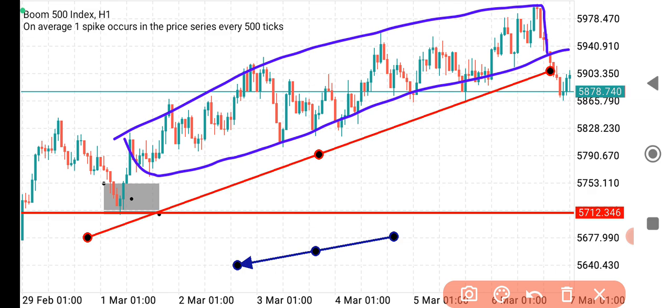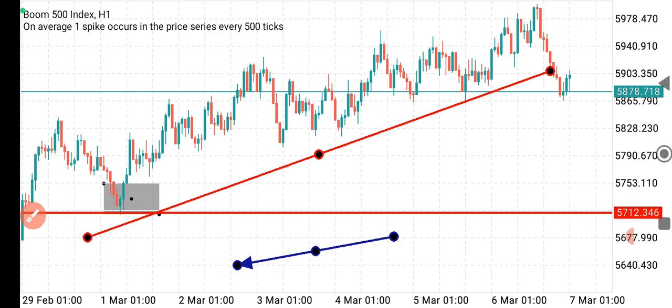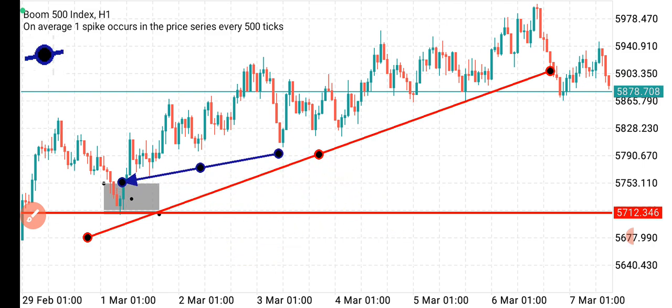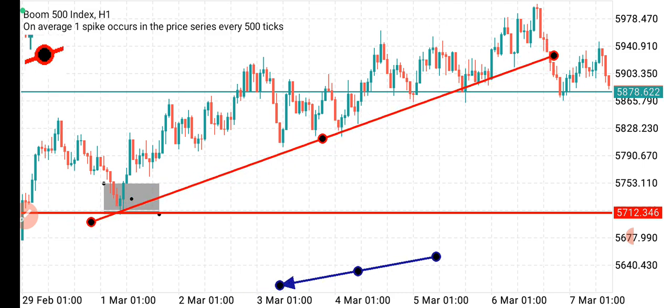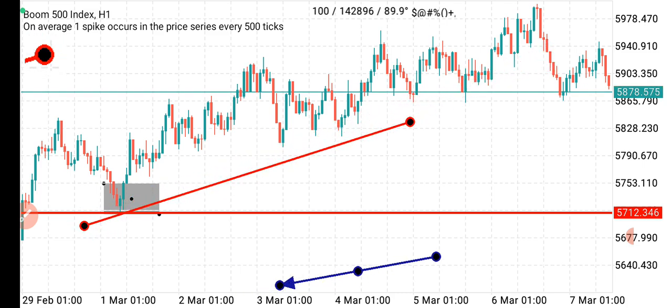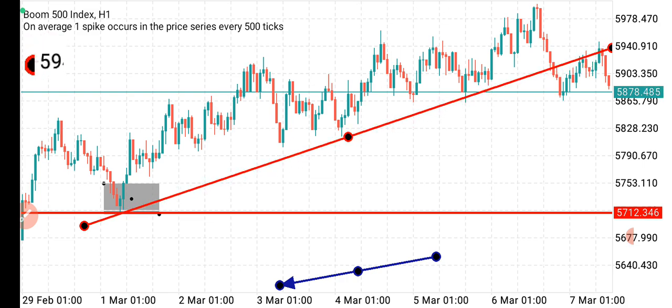So the only thing we see at this point of entry is only this candlestick which gave us an entry. So all you need to do is place your trend line from there and draw it, because already you know how the market moves.